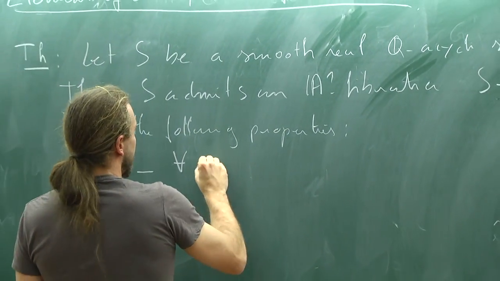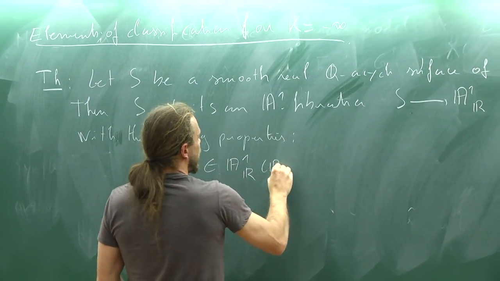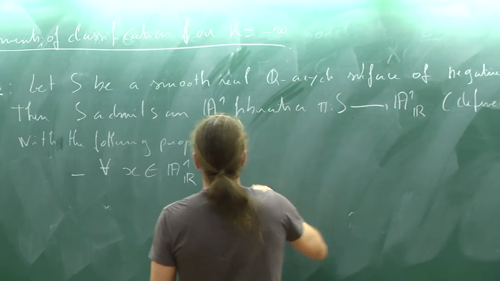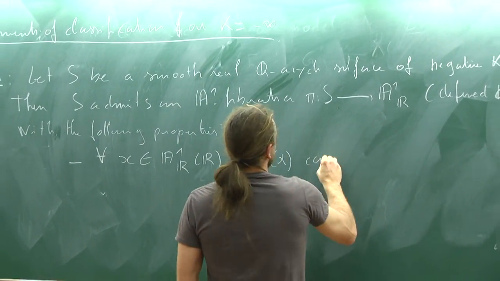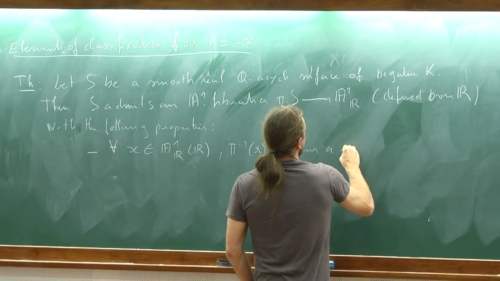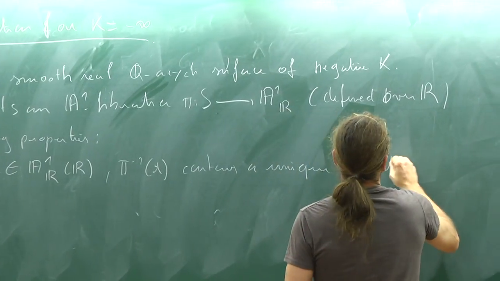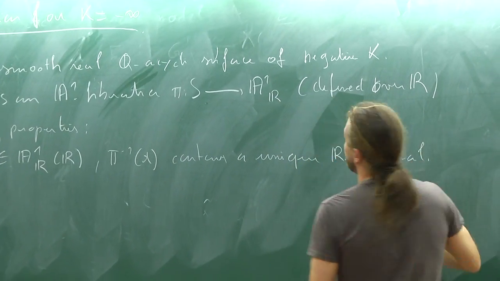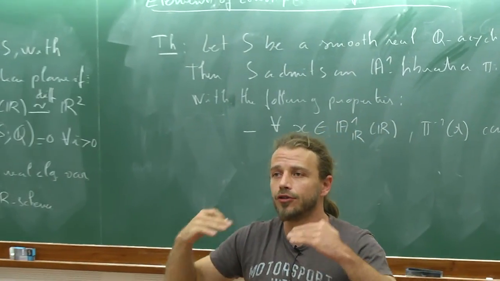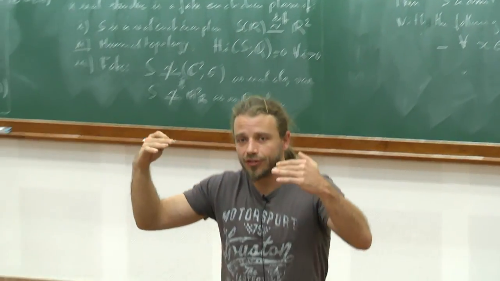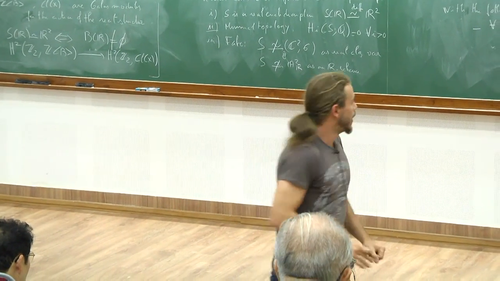Or every, let's call it pi minus 1 of x, contains a unique irrational. So the fiber here is a union of components isomorphic to either A1R or A1C, and those isomorphic to A1C come in pairs, right?